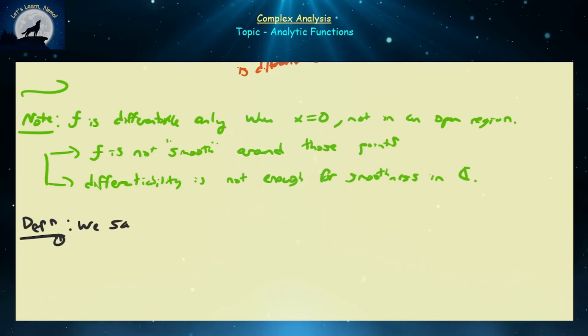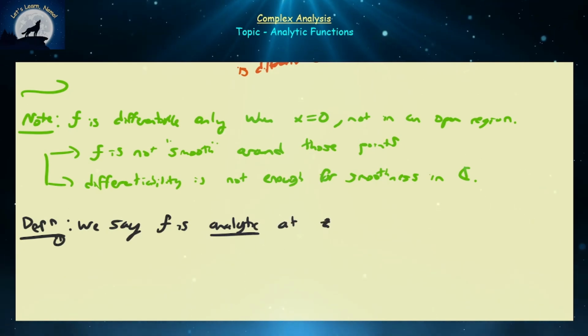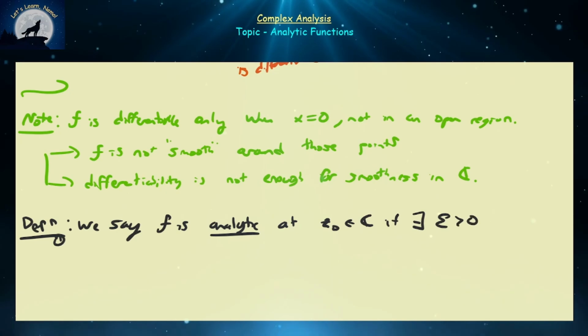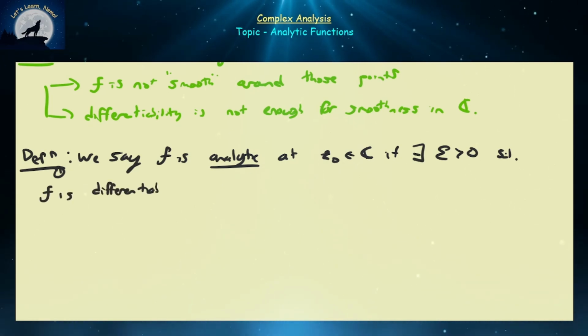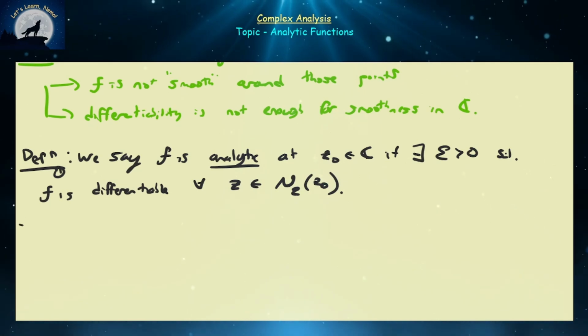So we say that f is analytic at some point z0 in C if there exists a real number epsilon greater than 0 such that f is differentiable for all z within that neighborhood of that particular point.